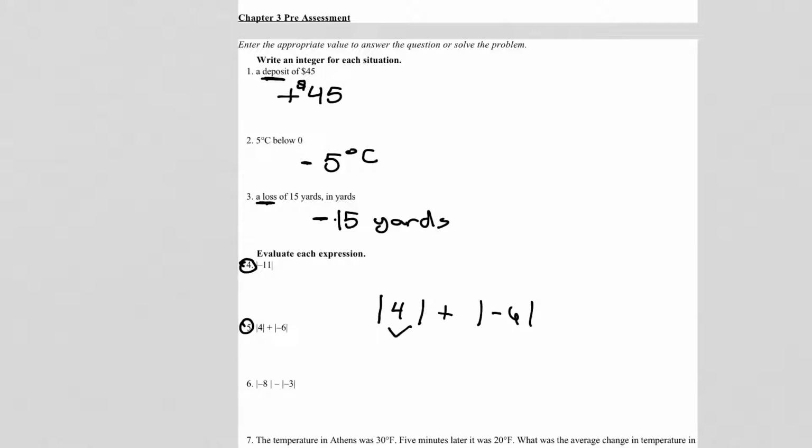So we'll take the absolute value of 4, which is 4, because 4 is 4 spaces away from 0. Bring this positive down. And now we have the absolute value of negative 6. Negative 6 is 6 spaces away from 0. So now we have this problem without the absolute value, and it's just 4 plus 6. So the answer was 10.